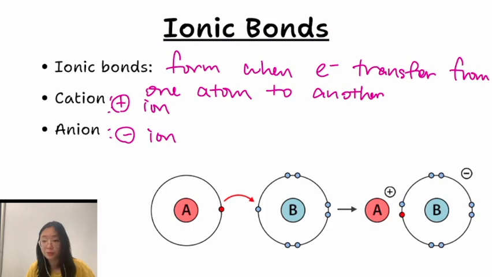Okay, and we know that like charges repel and unlike charges attract. So the cation and anion, one carries a positive charge, the other a negative charge. They're going to attract each other. So a strong attractive force forms between two opposite charges, and this strong attraction is what we call ionic bonds.